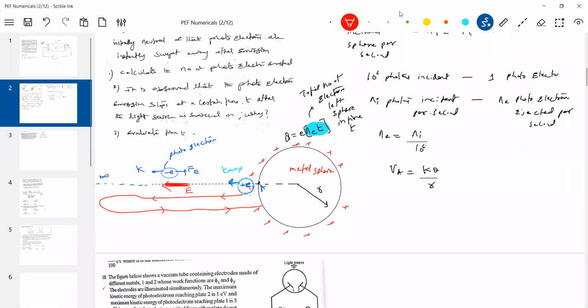After some time, the kinetic energy will not be sufficient to escape to infinity, because as the metal sphere continuously loses charge, the potential and the field strength increase. So altogether, all the photoelectrons ejected will get back and strike the metal sphere.